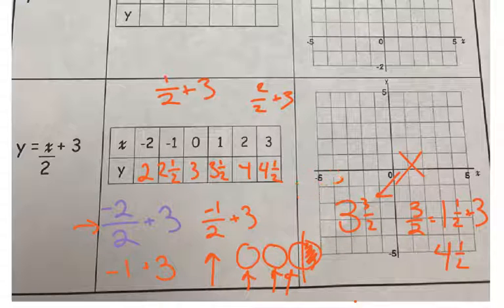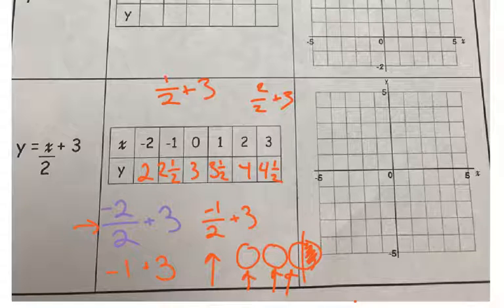Okay, erasing my work on top of my grid. Here's how we plot these. -2, 2. First point. -1, 2 and 1/2. Now, if you count your scale here, you see it's going up by 1s.